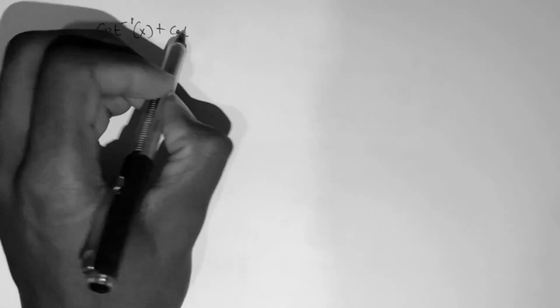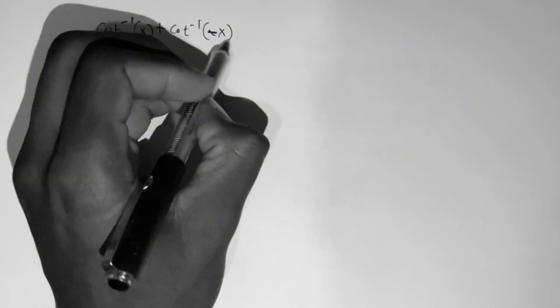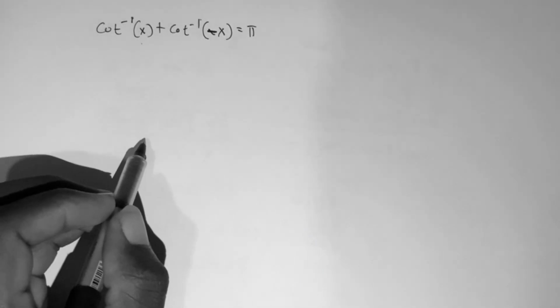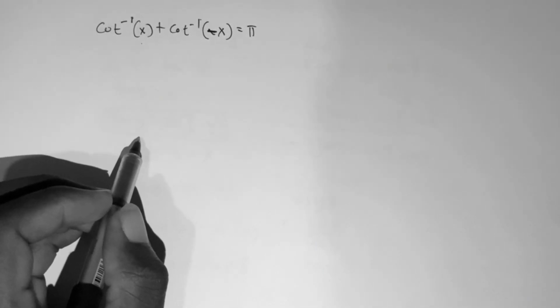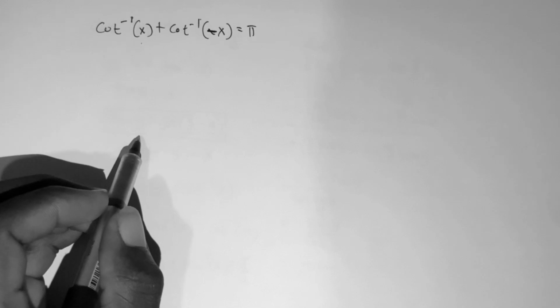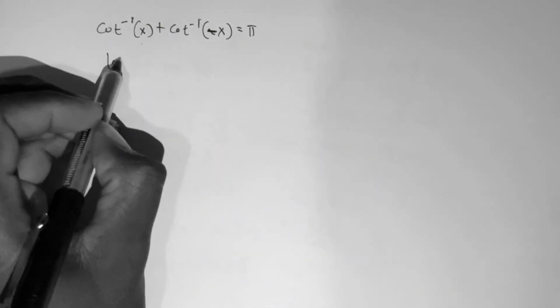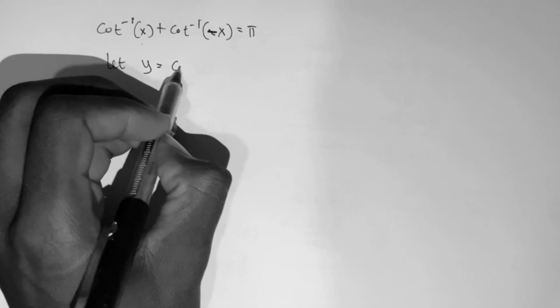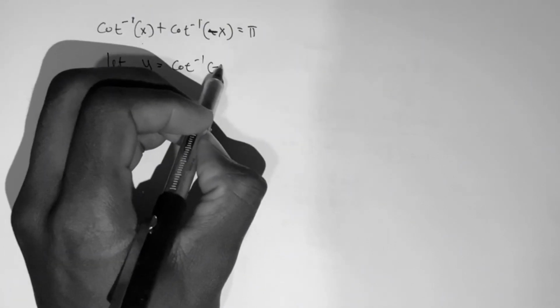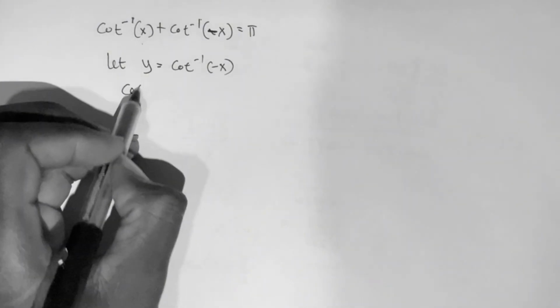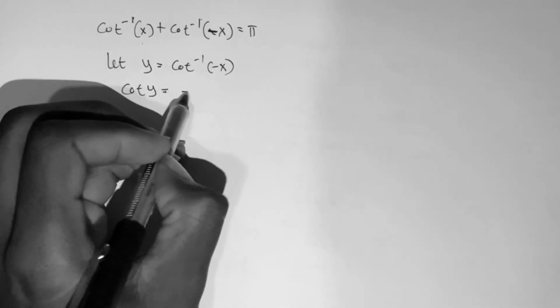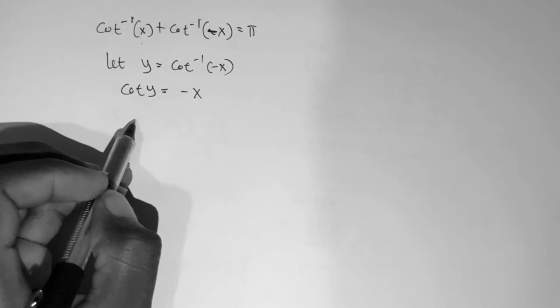Now, let's also prove this identity, which is cot inverse of x plus cot inverse of minus x is equal to pi. So how do we prove this identity? So now let's let y be equal to cot inverse of minus x. So it implies that cot y is equal to minus x.